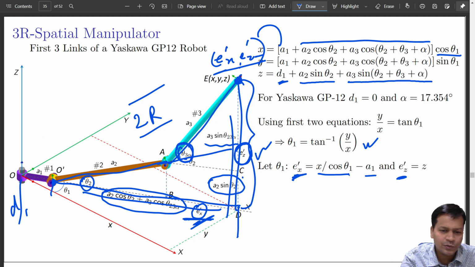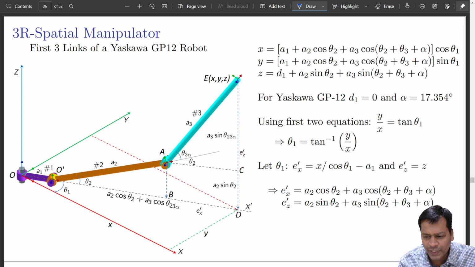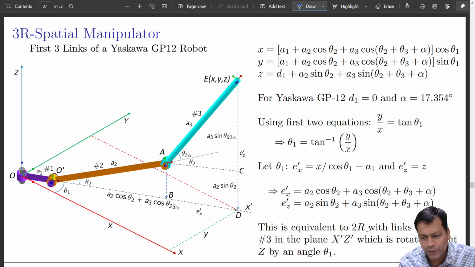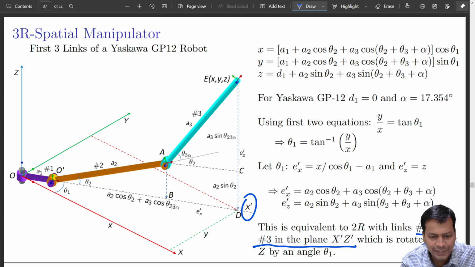So we'll try to do that now. I can quickly write it as this. This is a simple equation of a 2R subset. This is equivalent to a 2R link with links 2 and 3 in the plane x dash z dash. So z dash is z only.